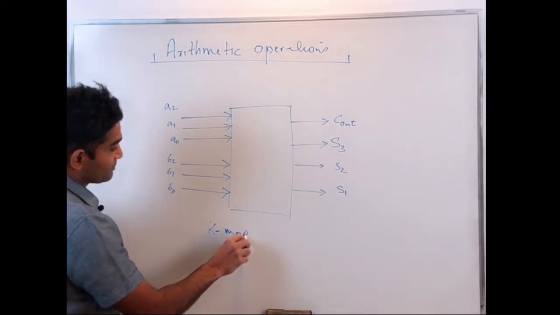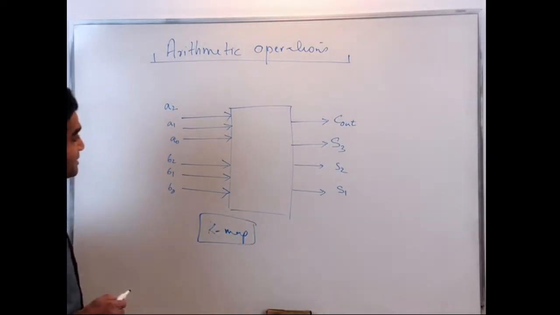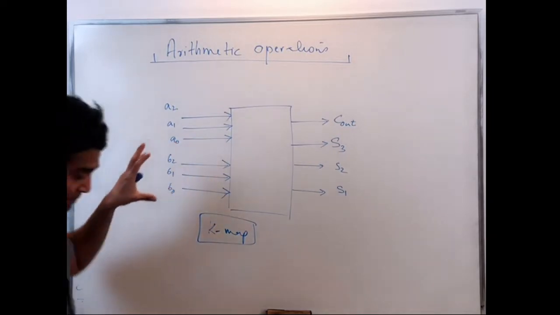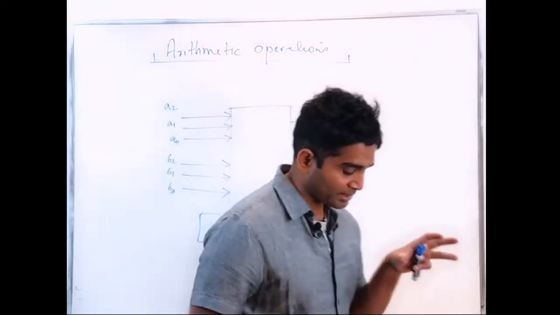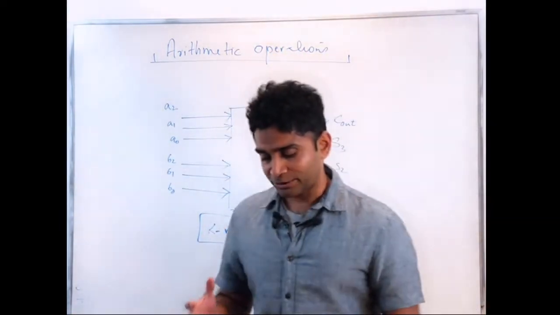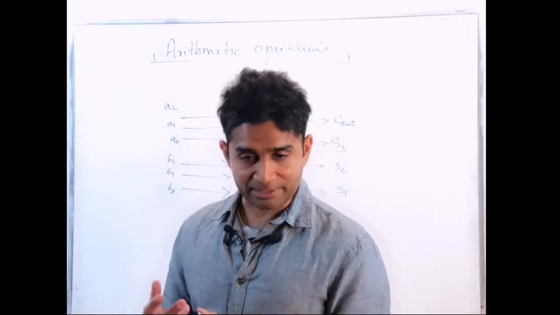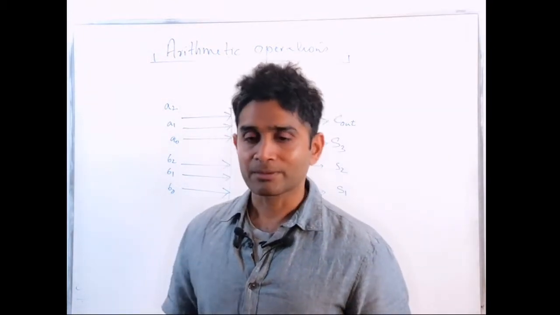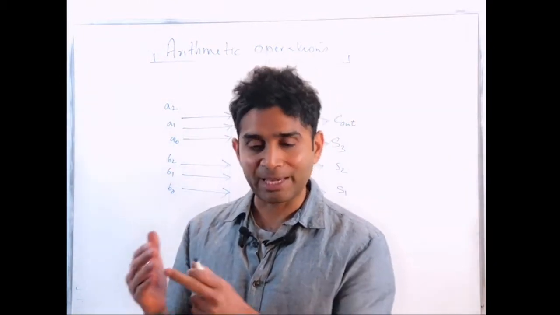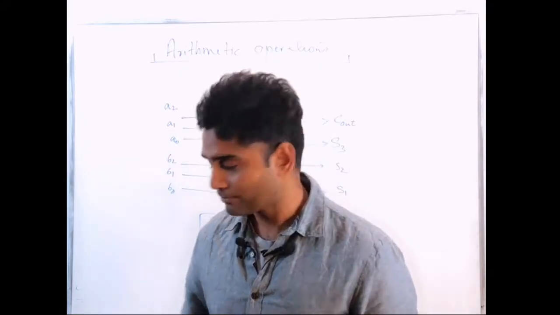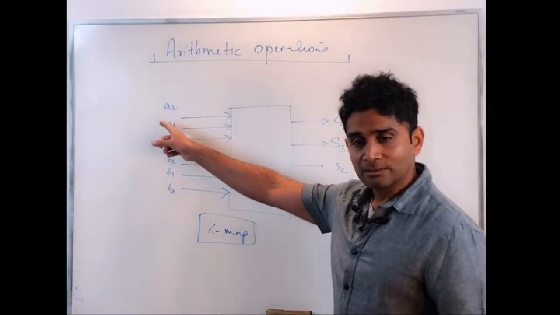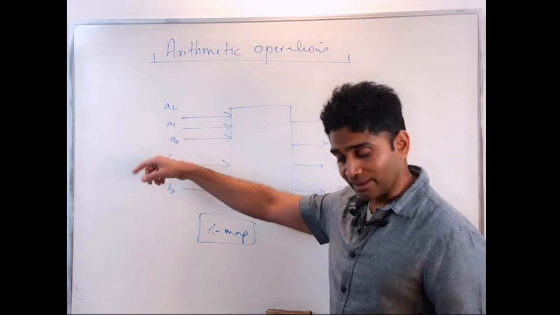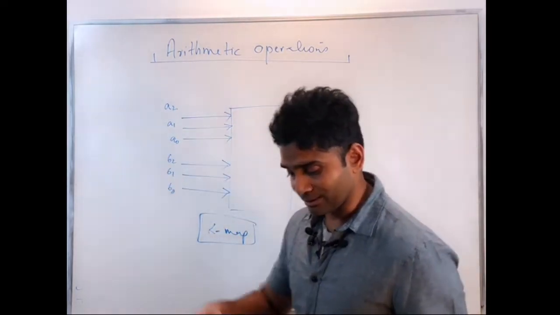You see this? I have 64 different cells. If I want to design an adder circuit that can perform addition between two binary numbers that are 3 bits long, at the K-map level or at the gate level, I'm looking at a 2 power 6 cell K-map and trying to implement that.